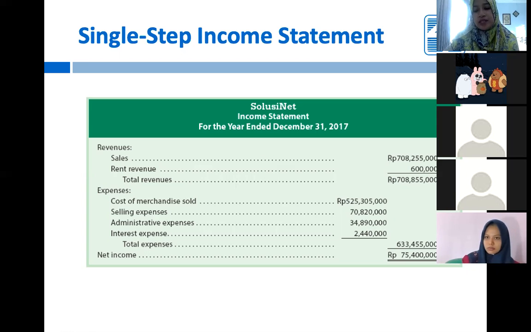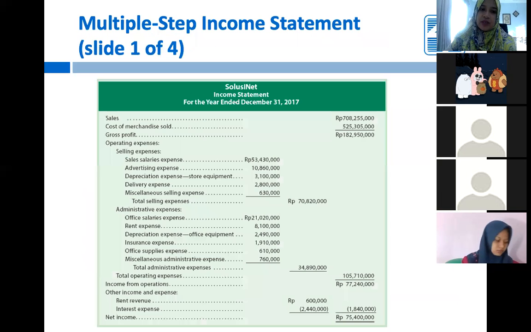The multiple step income statement will give us more detailed information for the purpose of decision making. So let's say the investors, they can identify, let me go back, they can identify what is the gross profit from the main activities of the company.